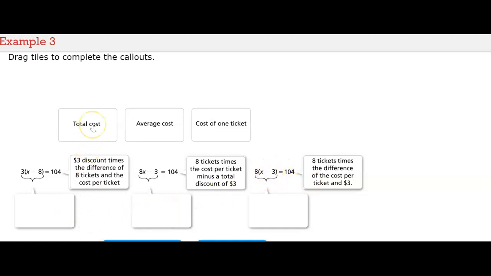And then here we have to put these down here. So 3 times the difference of x minus 8 is equal to 104. Will that give us the total cost, or the cost of one ticket? Let's see, $3 discounts times. Let's try total cost here.